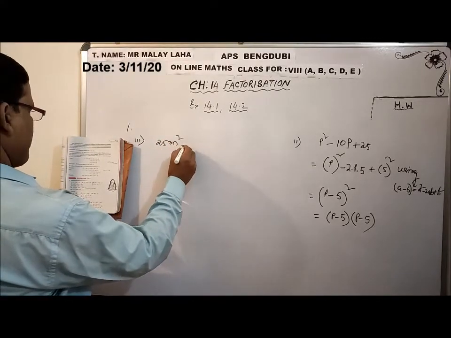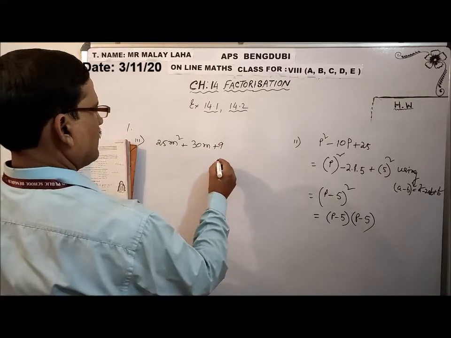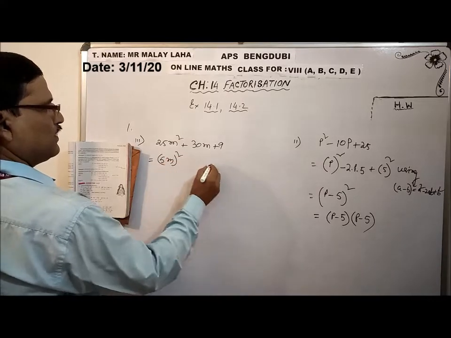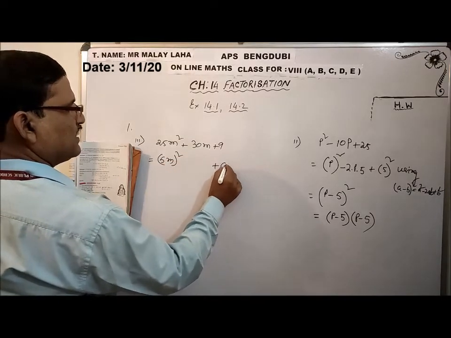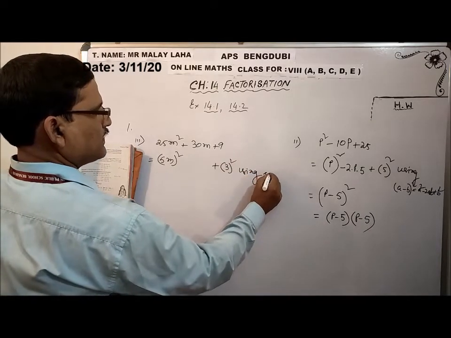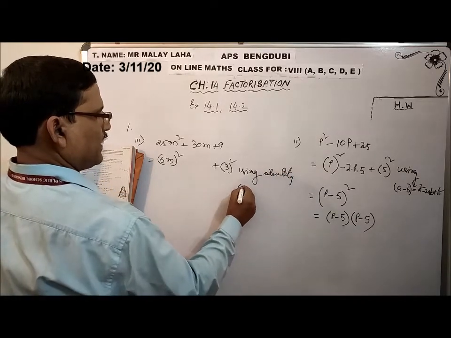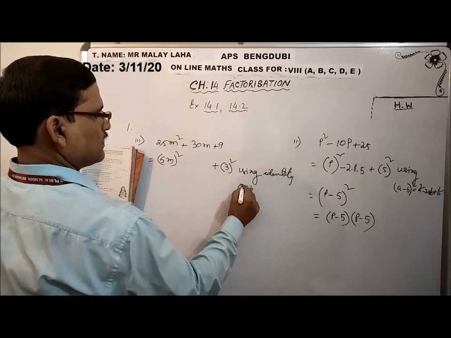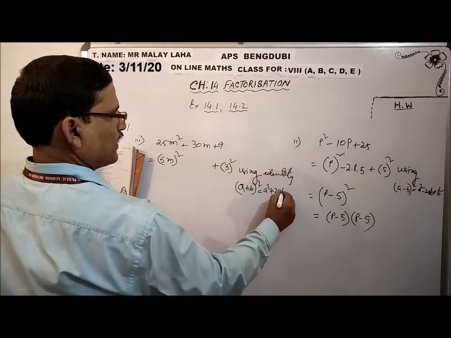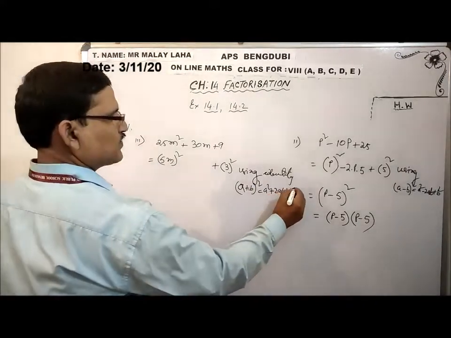25m square plus 30m plus 9. So 25 can be written as 5m whole square and 9 can be written as 3 whole square, using the identity a plus b whole square is equal to a square plus 2ab plus b square.